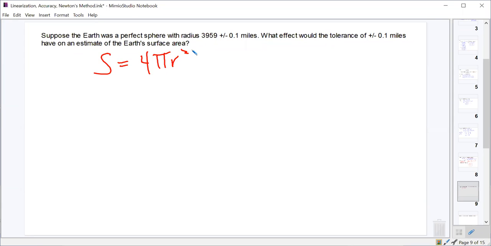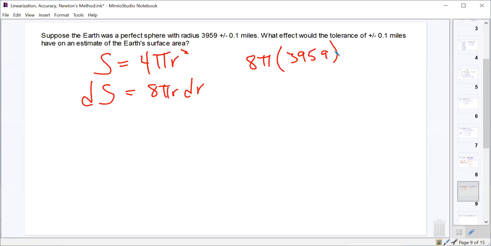And if we want to figure out about how much our surface area approximation will change if we miss the radius by a bit, we'll just use a differential, 8 pi r dr. And so if we want to know the actual amount that we're going to be off by, potentially, then we just need to plug these values in. 8 pi times our actual radius that we measured, 3,959, and then times our dr, which is 0.1. And so about how much are we off by?